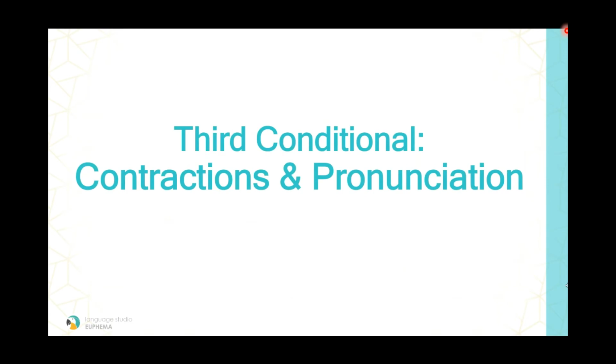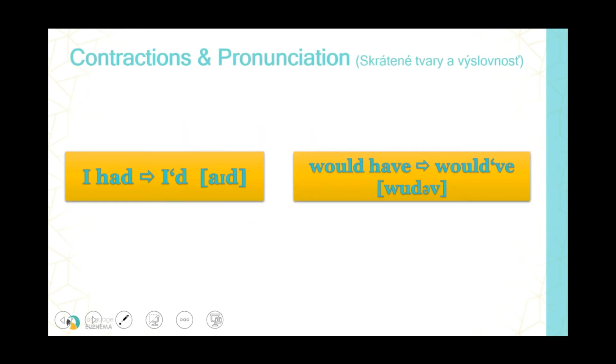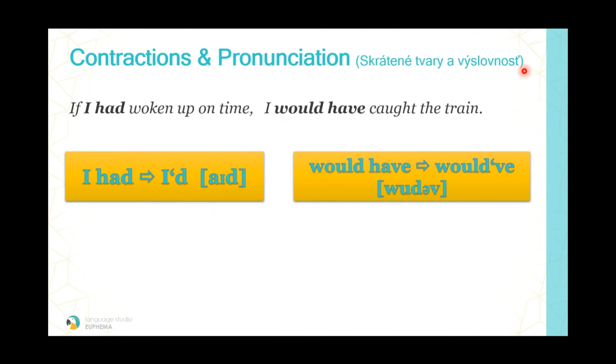Okay, next chapter is contractions and pronunciation. You can see the translation in Slovak here. Let's see one sentence example. If I had woken up on time, I would have caught the train. Well, nice sentence, right? But in spoken English, nobody speaks like that. It's too long.